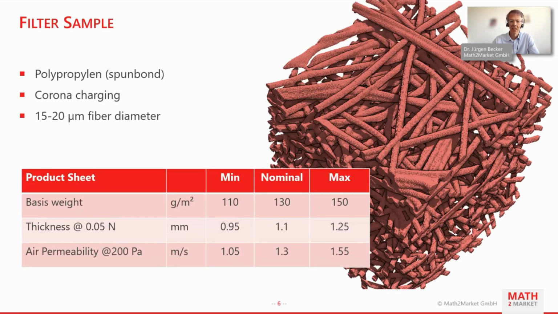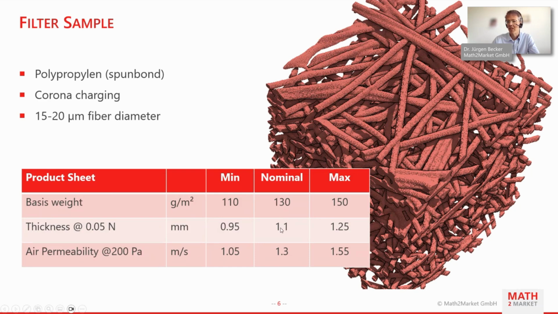In the web seminar, we will demonstrate the workflow on a sample material. The sample material is an air filter with polypropylene fibers of 15 to 20 micrometers. It's an electret filter and the charge is applied by corona charging. The product sheet shows that the basis weight is about 130 grams.